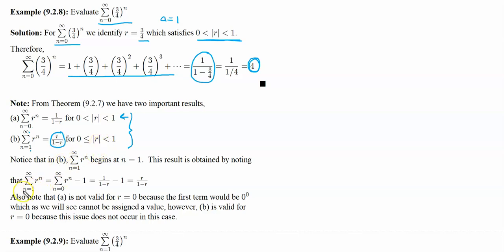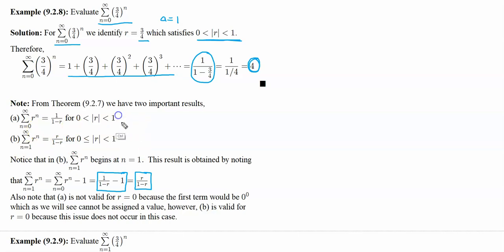And the reason is, as we have pointed out down here, the sum from 1 to infinity of r to the nth power is going to be the sum from 0 to infinity of r to the nth, take away the very first term in this series, right? So minus 1, and you end up with this statement right here. And simplifying this, very simply, you get r divided by 1 minus r.